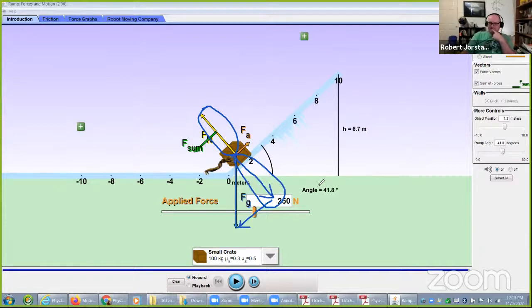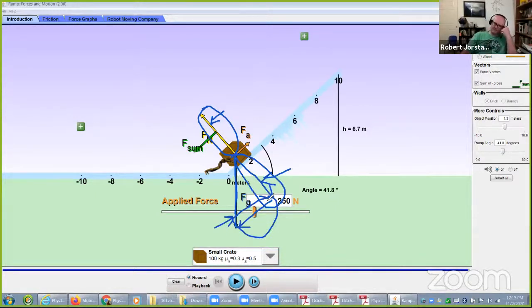The magnitude of the weight force does not change. When you put it on a ramp, the component of the weight force does change. That changes the normal force, because the normal force only has to support the portion perpendicular to the ramp. So this portion parallel to the ramp doesn't care about that. That could just slide right back down.